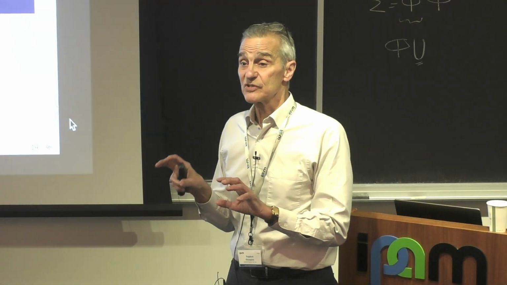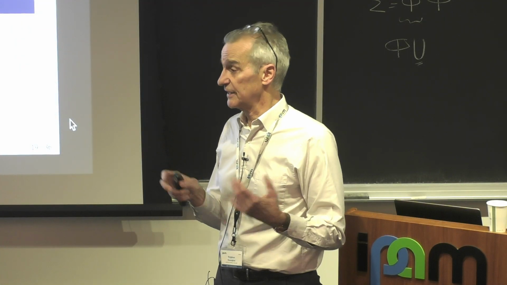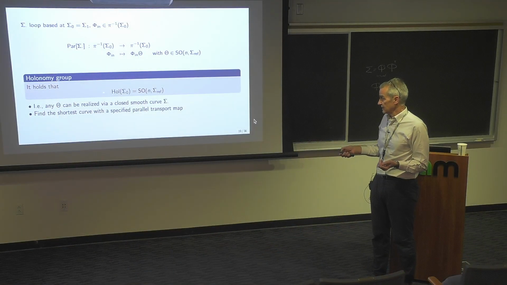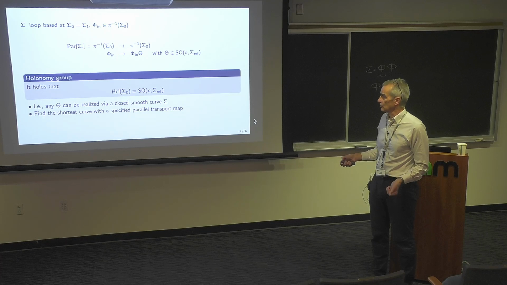If you look at commutators of symmetric matrices, you only need two to generate any rotation. So then the holonomy group is in fact the whole of SO(n). So in other words, any theta can be realized by a smooth curve.